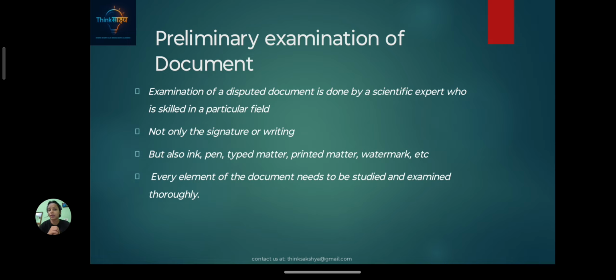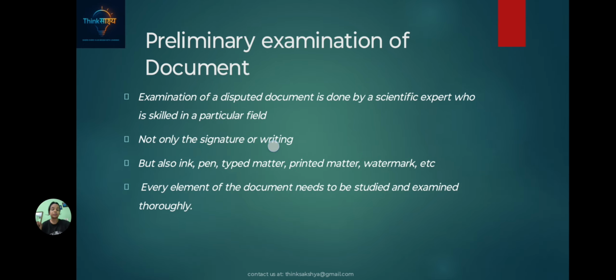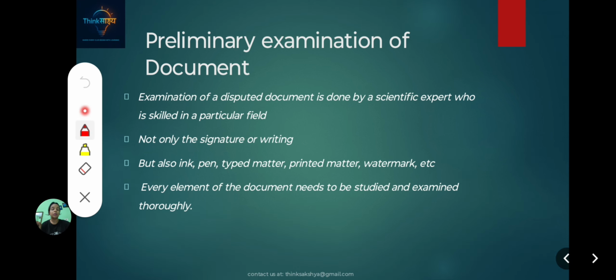So what we need here is a scientific expert who is trained in a particular field of document examination. For example, if we are given a handwriting sample, two types of samples are there. A non-scientific person would not be able to recognize the difference between the two samples, while a scientific person will be able to know about it.